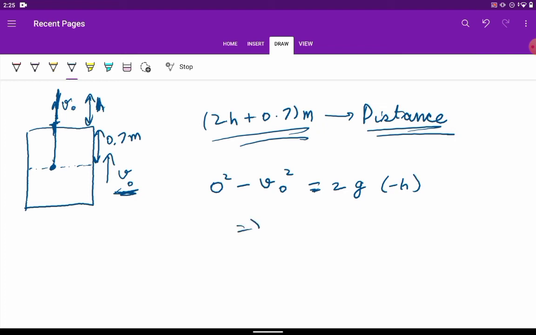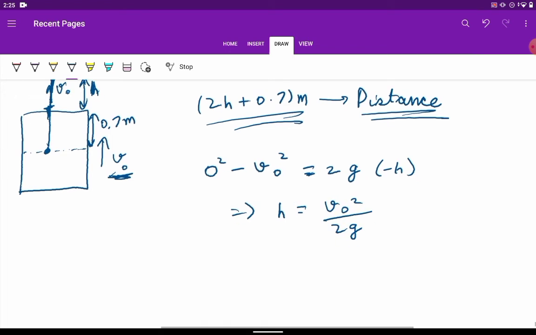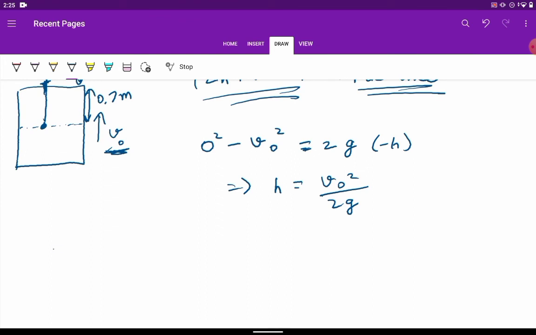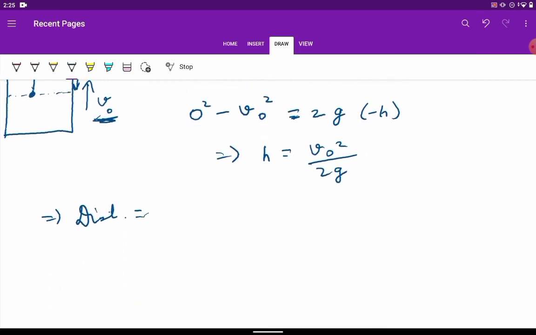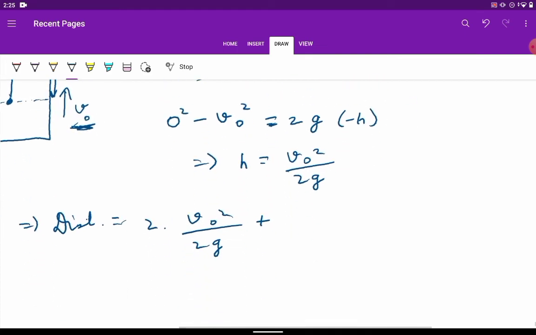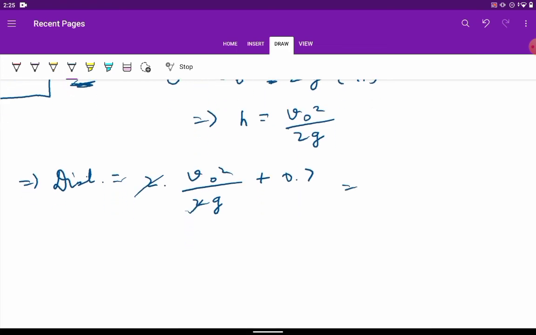So the negative sign cancels out, and h is equal to v naught square by 2g, right? This means the distance is, as we already know, 2h plus 0.7 meters, so 2 into v naught square by 2g plus 0.7. So 2 cancels out, and it becomes just v naught square by g plus 0.7.